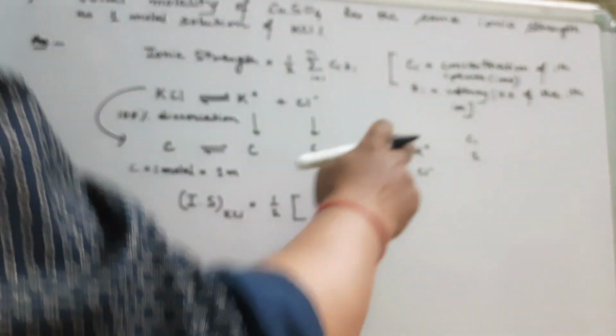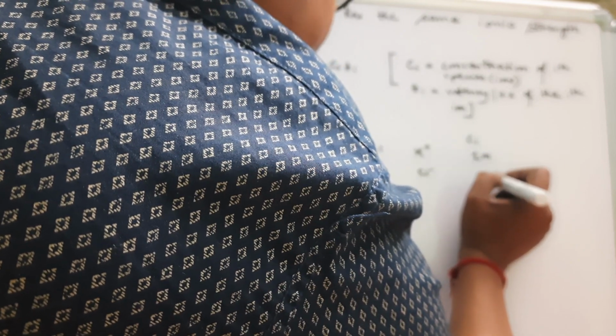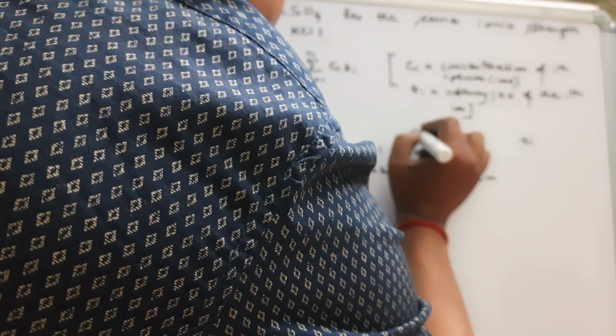So the concentration of potassium is 1, and the concentration of chloride is also 1 molar, obviously 1 m, and Zi is for the ith species.